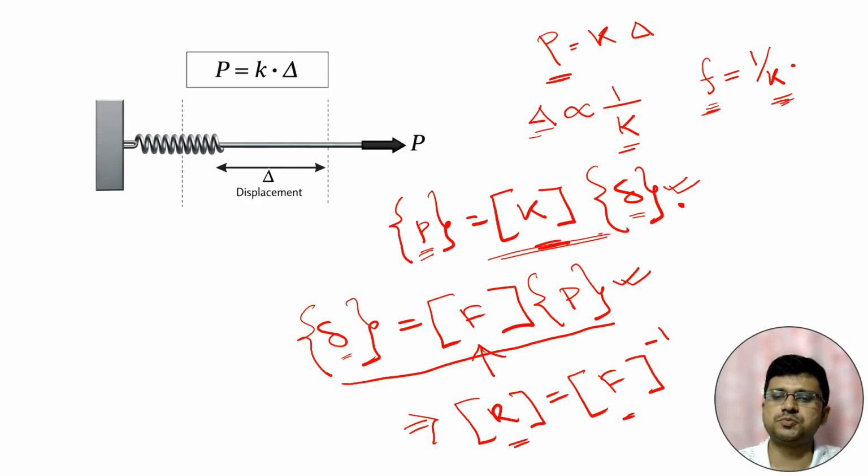So both methods are technically different, and the visualization of both is totally different, because in one we provide force and measure displacement, and in the other we apply displacement and measure the reaction force. How we can determine the stiffness and flexibility matrix, we can understand from a particular simple problem.